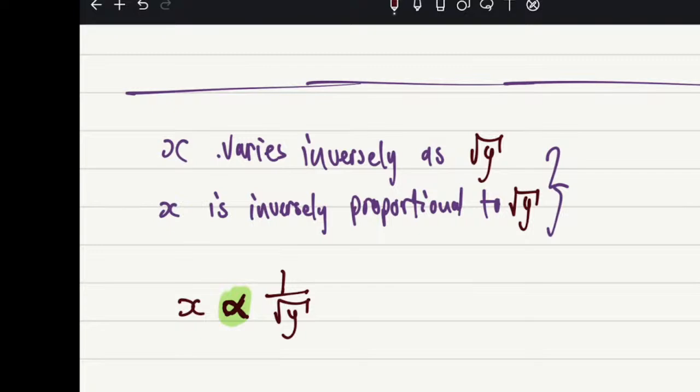If x is inversely proportional to b squared, it means x is proportional to 1 over b squared. But if it's directly proportional to b squared, it means x is proportional to b squared itself. Do you see? Students, can you see this?